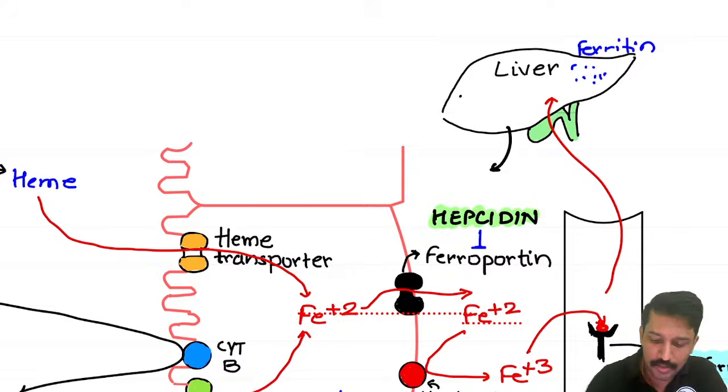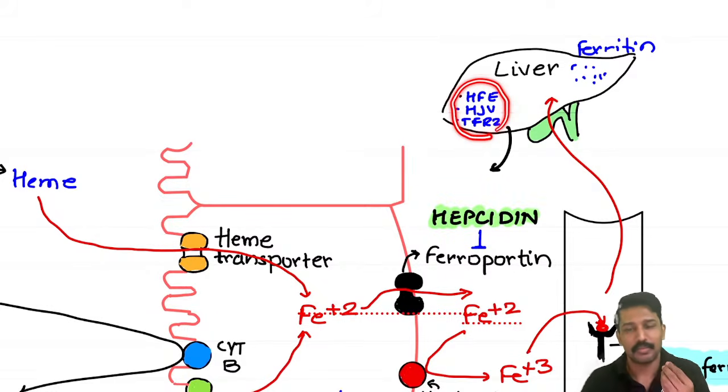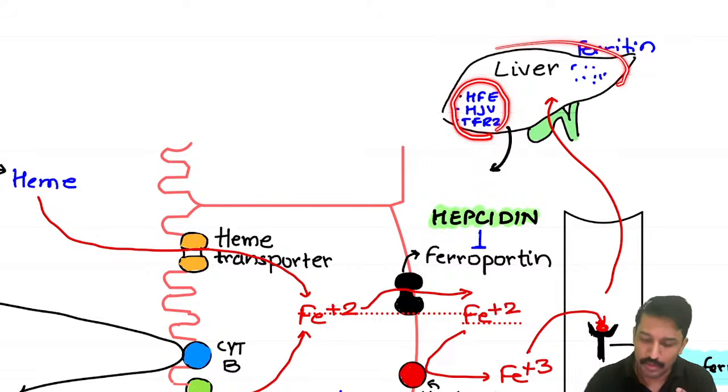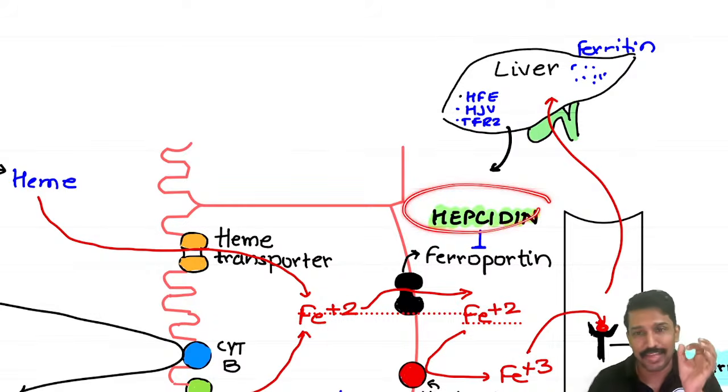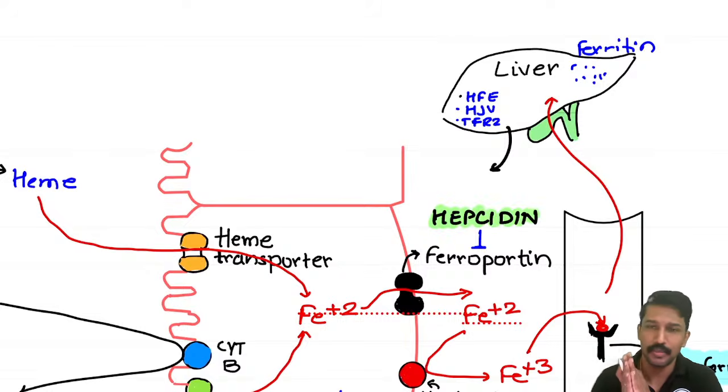One such gene is HFE. The other gene is hemojuvelin. Then there is another gene called transferrin receptor 2. So these genes or these gene products may be responsible for the liver's sensing of iron store and thus timing it appropriately for the hepcidin release.